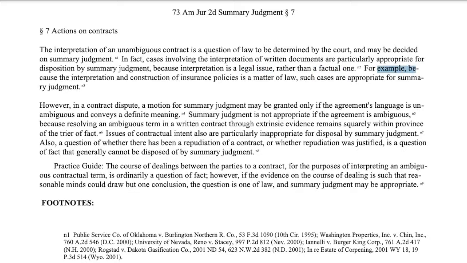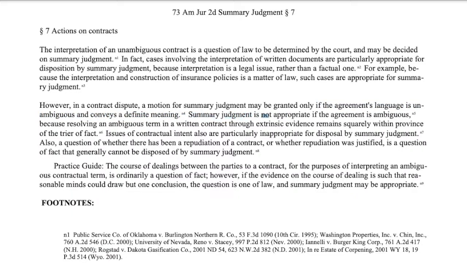For example, because the interpretation and construction of insurance policies is a matter of law, such cases are appropriate for summary judgment. However, in a contract dispute, a motion for summary judgment may be granted only if the agreement's language is unambiguous and conveys a definite meaning.